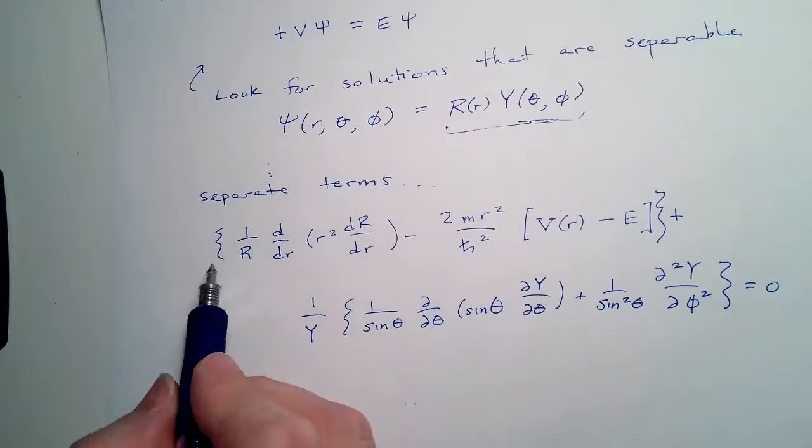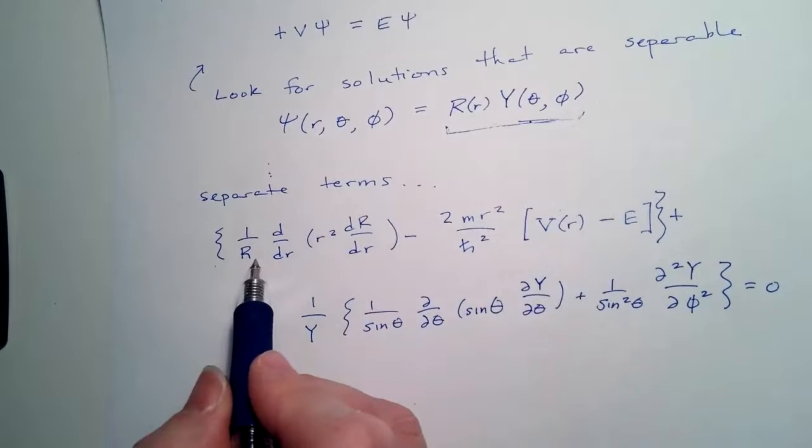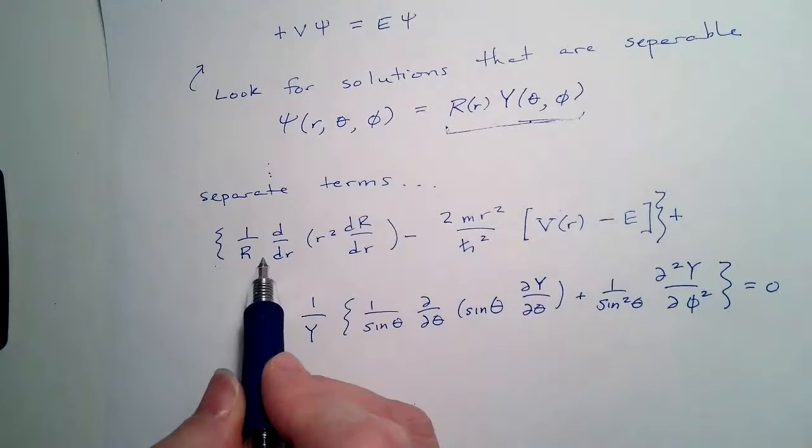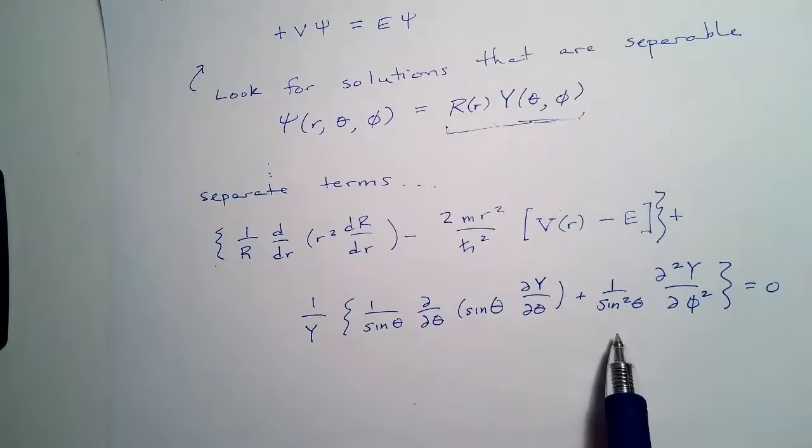So this one up here in these brackets depends on r only, depends on the radial variable only, and this one depends on theta and phi only.